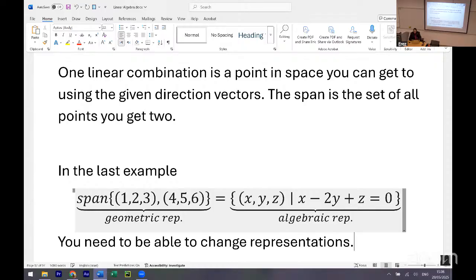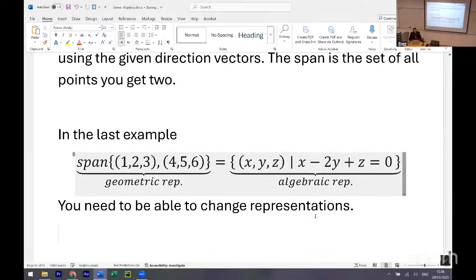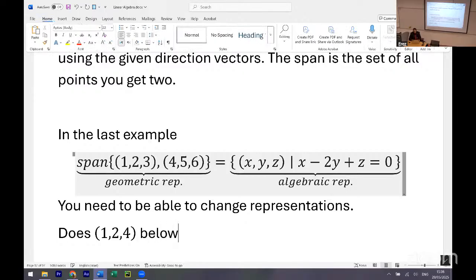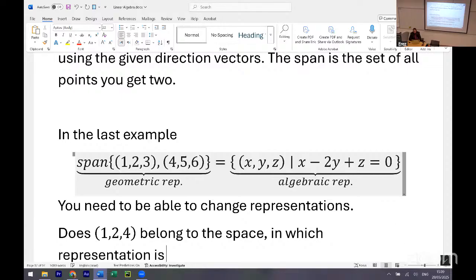Why? If I ask whether the point 1, 2, 4 belongs to the space, in which representation is it easier to answer?